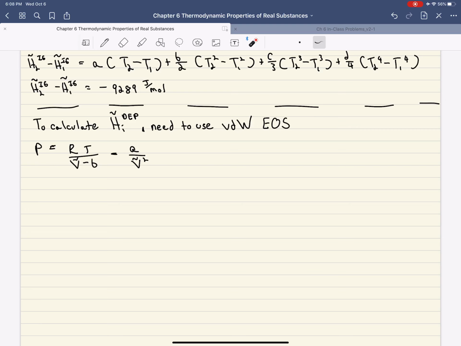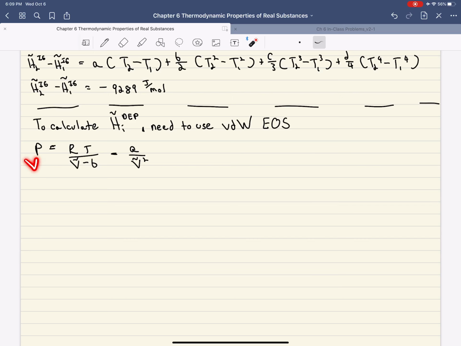And so, in the original form of the departure function that I wrote out, what you wanted to do there is take the partial derivative of your equation of state, the dV/dT at constant P. But in our case, with our equation of state, we can't really solve for it explicitly for volume.